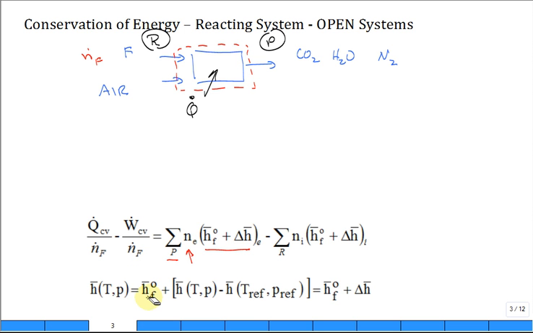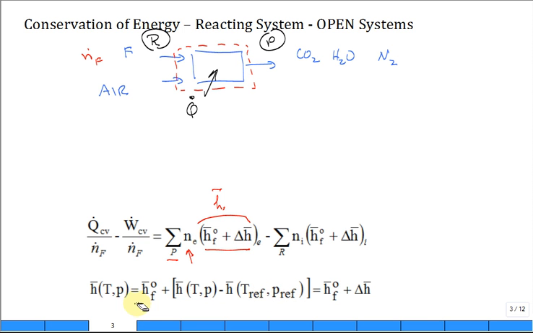Well, so it's a function. This you could have written just here H bar as a function of T and P. And so it's made up of the sum of the enthalpy of formation and then the deviation from the reference condition for that gas. That reference condition is 25 degrees C, 1 atm, or 298 Kelvin, 1 atm.